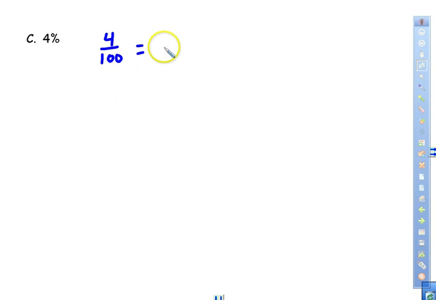Let's look at our next one. 4%. Go ahead and hit pause and solve this. So if we have 4%, we can write that 4 over 100, which 4 100ths would be decimal point 0.04. These are always tough ones because a lot of students want to write it as 0.4, which is not 4 hundredths, that's 4 tenths.